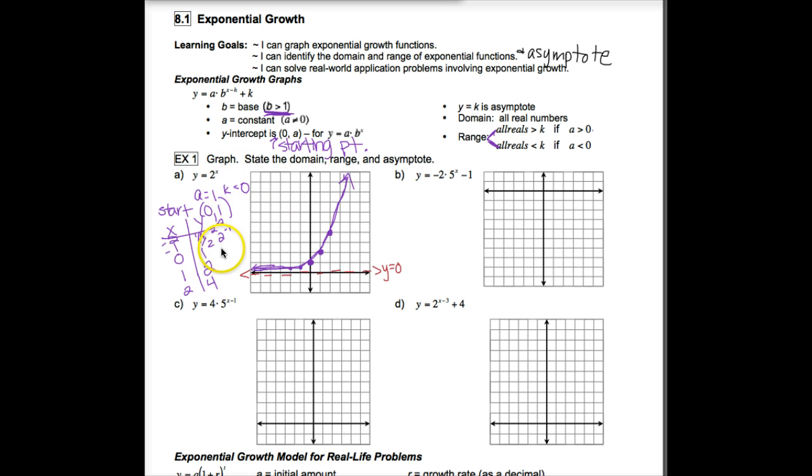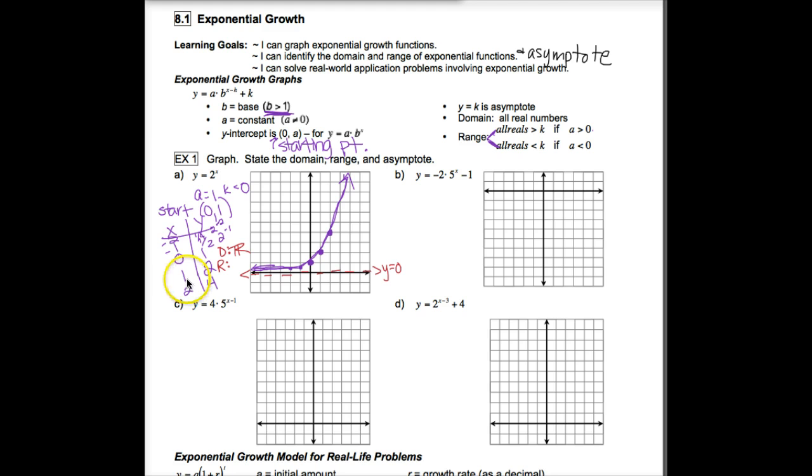So my domain, my x values, well, x is going on forever this way and forever this way, which is why it says up here that the domain is all real numbers. My range, if I look at my y values, are getting closer and closer to 0 over here, but they're never actually getting there.